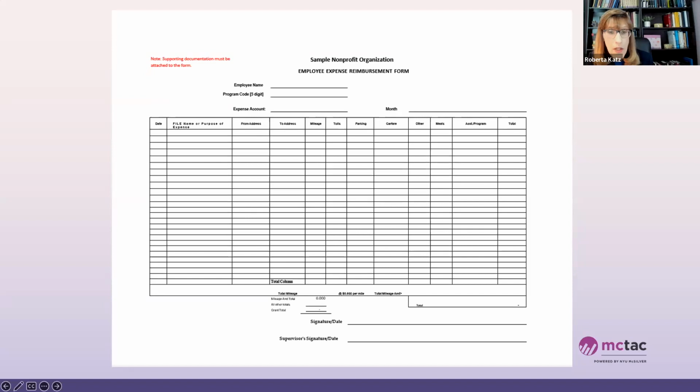All that information gets recorded on this form, which gets signed and dated by the person completing this form, as well as signed and dated by the person approving the form, and supporting documentation is included with the form for submission to the Finance Department.